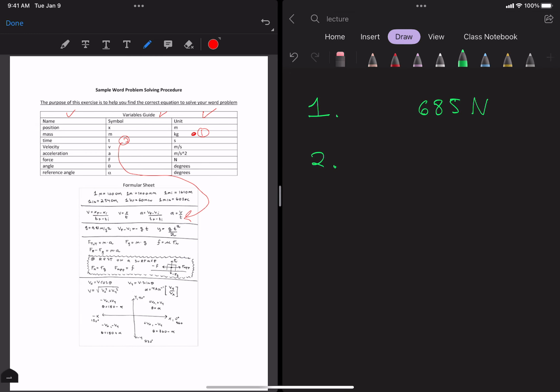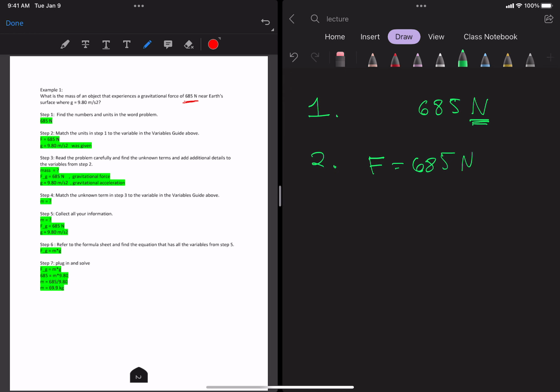Going back to this list here, I have an N, so I'll look here for an N. There it is right there. So I'm going to replace this, write this in terms of F. So this is actually equal to 685 N, or newtons. We were also given another number: G is equal to 9.8 meters per second squared.